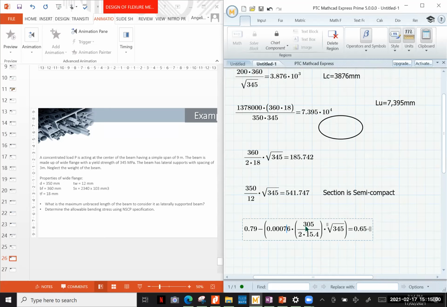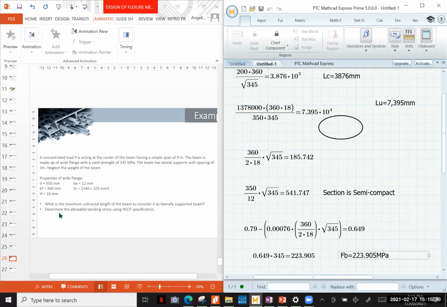BF is 360. 2TF, TF is equal to 18 times square root of Fy. Check natin. So 0.649. So your FB is equal to 0.649 times your Fy na 345. This will be your FB. So your FB is equal to 223.905 megapascal.